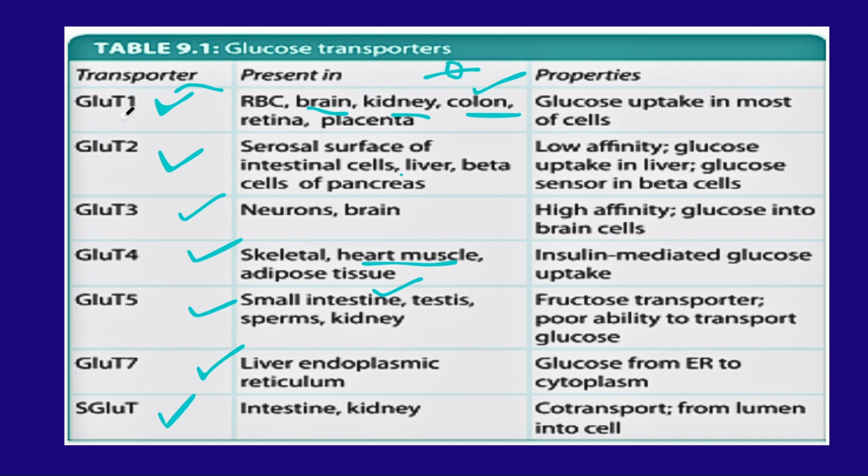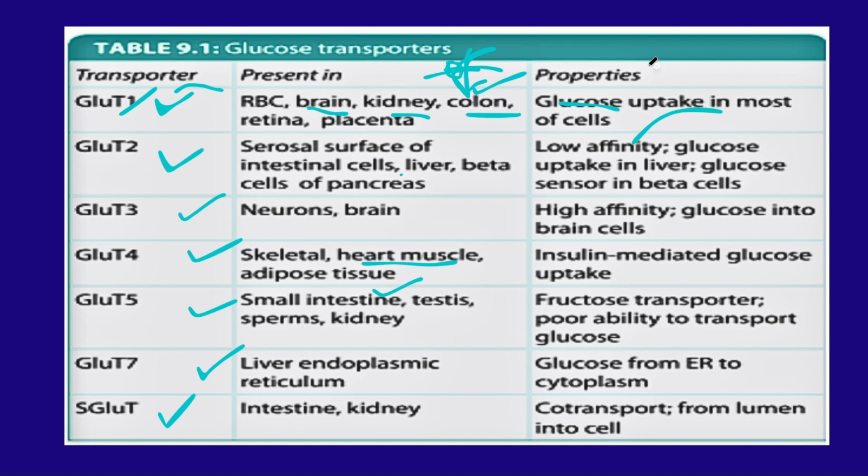The membrane will have these types of transporters. The transporter is GLUT1. This glut transporter is present upon the membrane of the colon. From the blood to the colon, it is being transported only with the help of these gluts. The glucose is taken up into the cell.